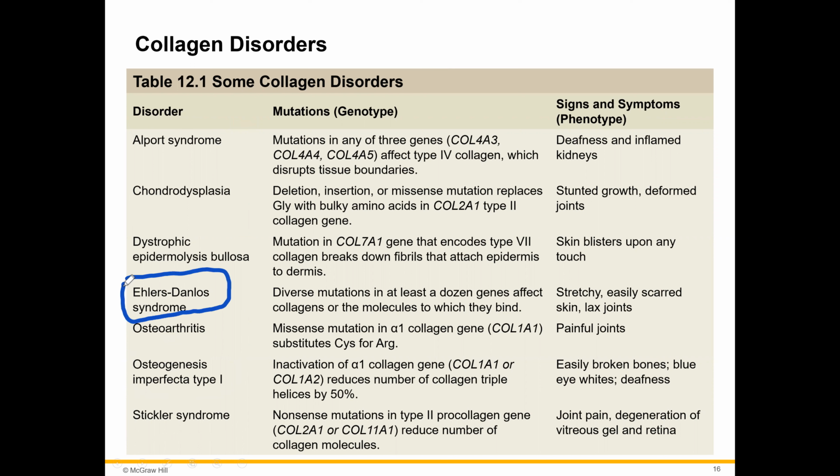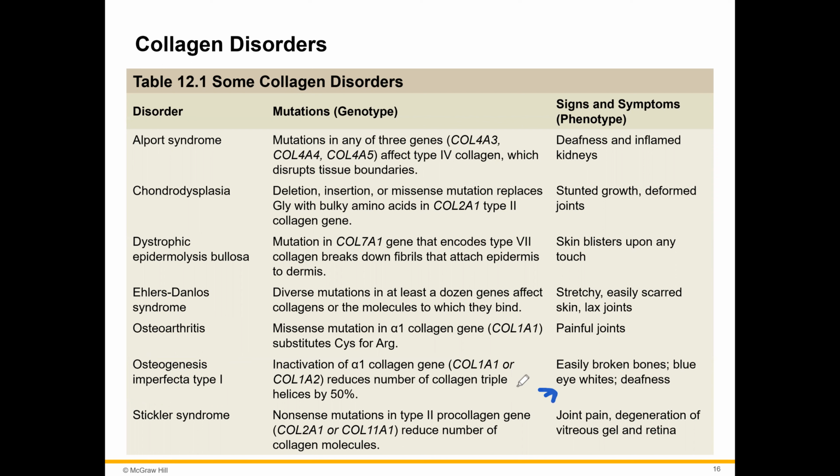Actually, I think we're only going to look at Ehlers-Danlos syndrome, but osteogenesis imperfecta is just a cool disorder. We call it blue sclera disorder. In a person with this condition, the white part of the eye, called the sclera, actually looks blue. That's why they call it blue sclera.